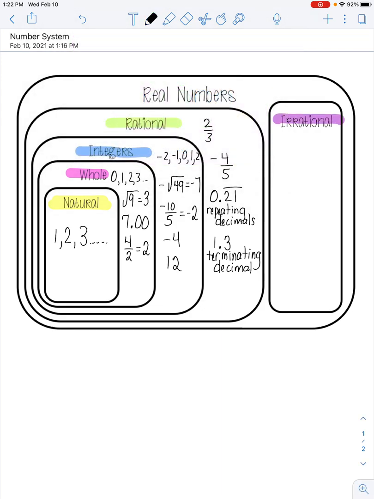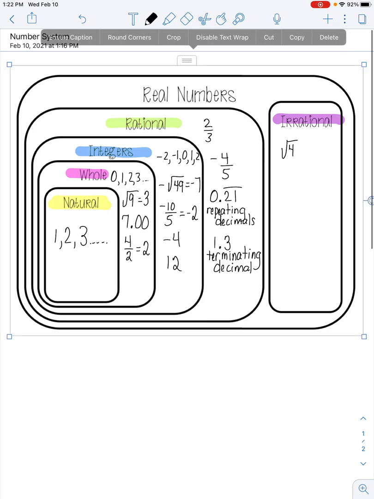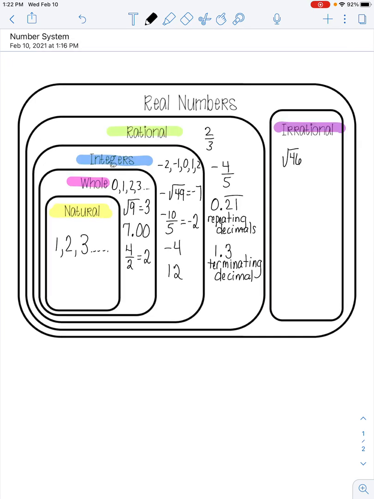So irrational numbers are, let's talk about something we've looked at recently. Square root of 46. That is a square root of a non-perfect square. So that's an irrational number, because if we change that to a decimal, it would be something like 6.2137459.